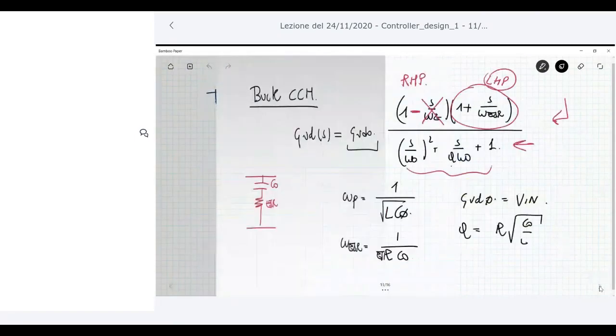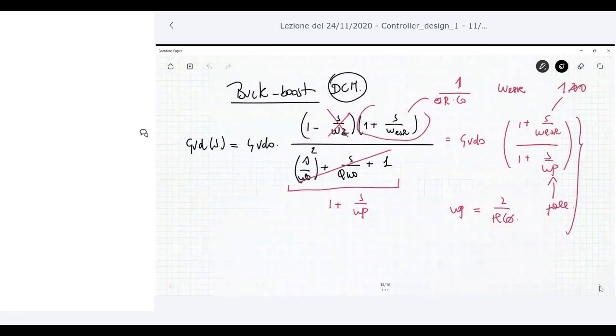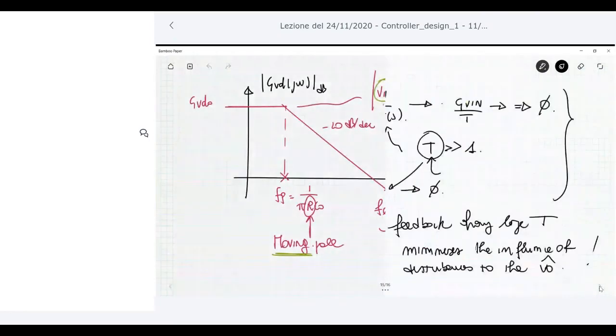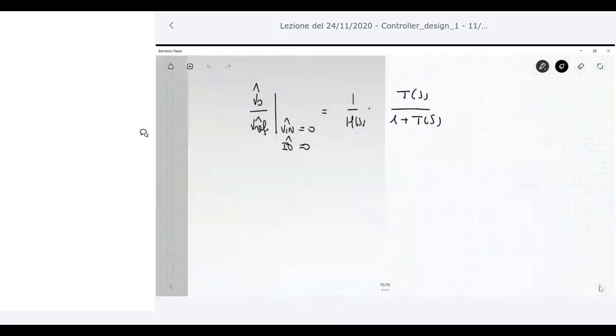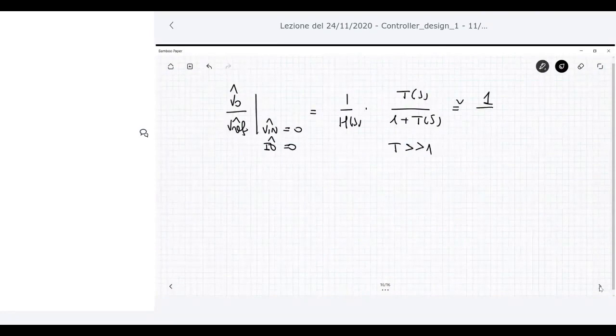So if T is large, what does it mean? If T is much larger than 1, this contribution is something like 1 over h.